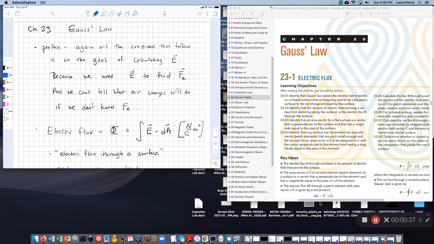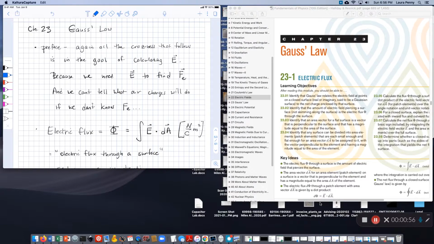So the name of this chapter is Gauss's Law. And we're going to start to feel like we're getting really, really far away from any kind of physical thing that makes any sense at all or that you have any interest in understanding.